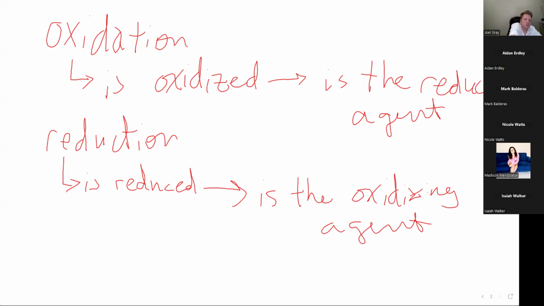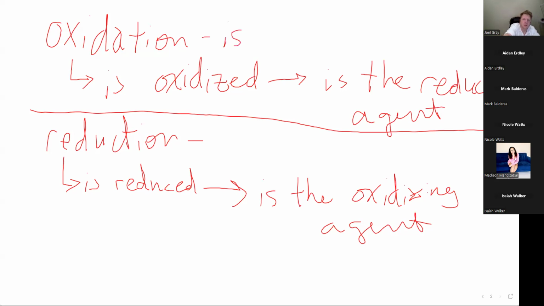Now, those two separate ideas kind of have two sub-ideas below them. But before that, you have to understand what oxidation is.